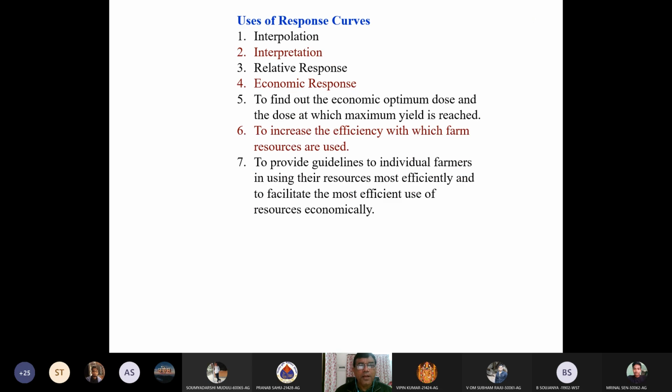We go forward. So, what are the uses of a response curve? Interpolation means you can make predictions. Suppose we have not used 40 kg K2O or 35 kg K2O, we can know the value of Y for unknown values of X. Relative response means you can compare varieties.